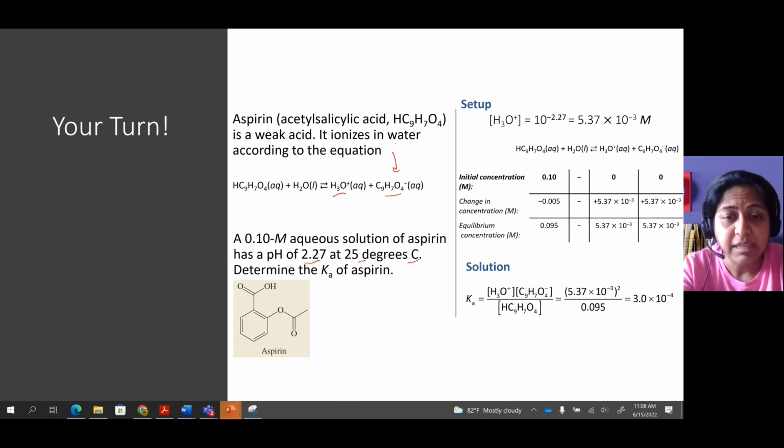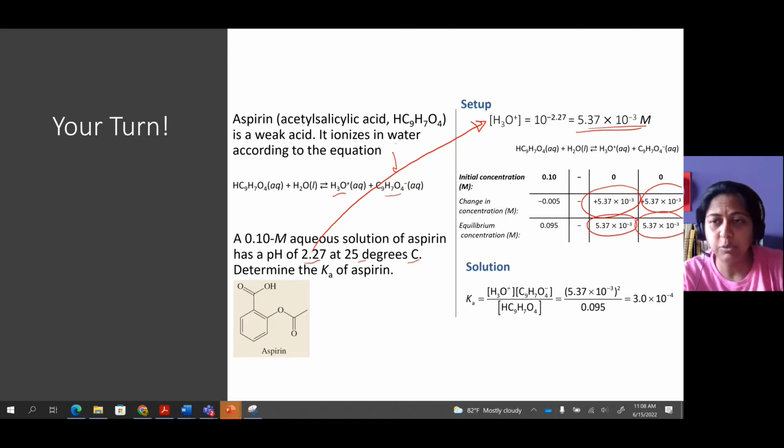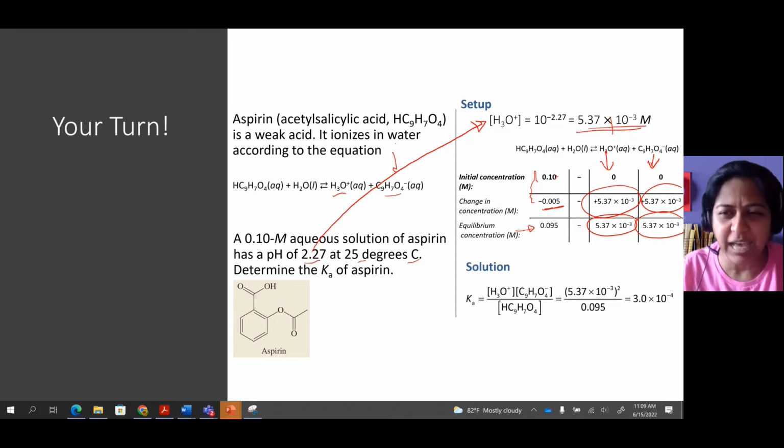Determine the Ka. Yes, the first thing is to change the pH to the hydronium ion concentration. Yes, we got the hydronium ion concentration. That is actually x, right? So here are the equilibrium concentrations for those two products. And then you can subtract that value from the initial concentration and find the exact equilibrium concentration for the acid.